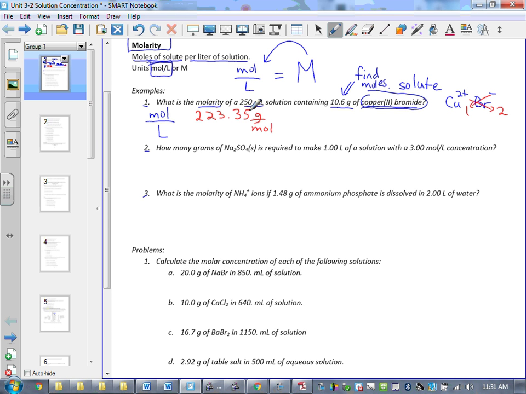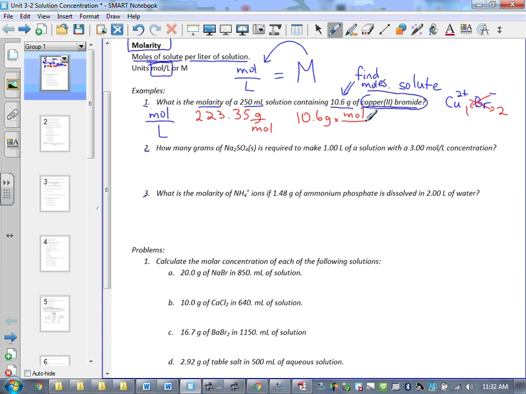We've got to convert our 10.6 grams to moles. So Ava already told us how to do that. We are doing what with our molar mass? Putting our moles on top.